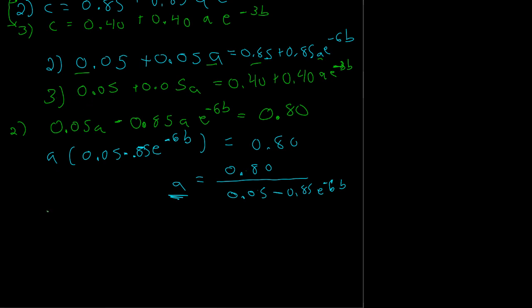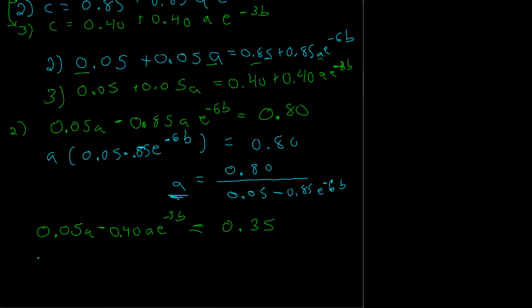And so I have 0.05. I'm going to subtract that from each side. And so 0.5a minus 0.40a e to the negative 3b. All right, subtract that from both sides. And then I'll subtract the 0.05 from both sides, which gives me 0.35.